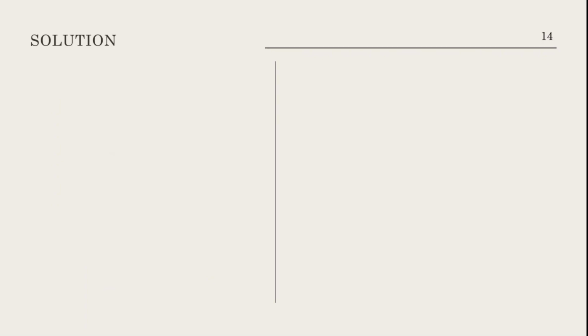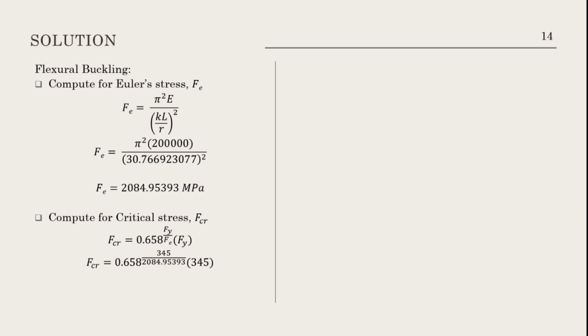Okay, next. So once we have the FCR, we can now compute the effective area because if you can remember, we have a slender element. So we cannot just directly multiply FCR by AG to get the compressive strength, kasi nga meron kang slender element. So meaning you have to compute for the effective area.